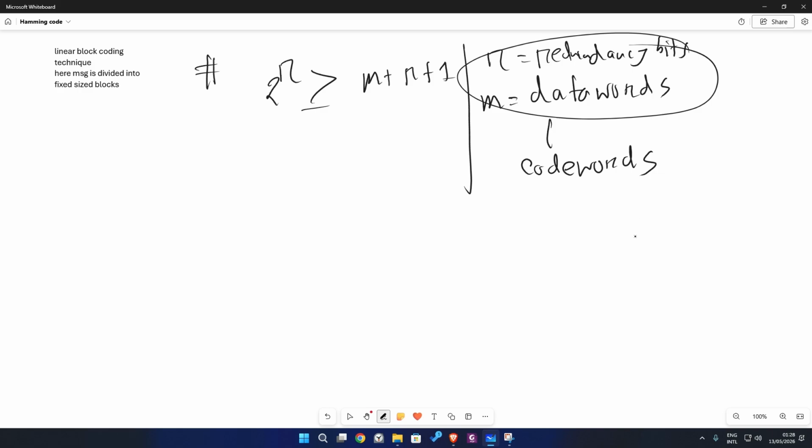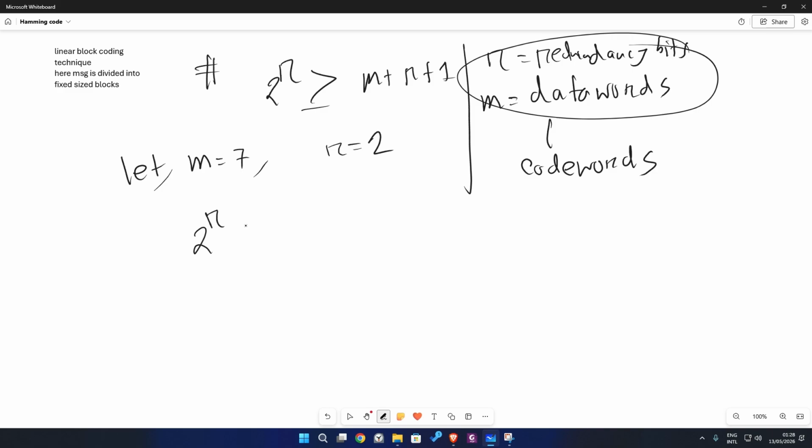So how can we determine how many redundancy bits we need to add for reliable communication? This question can arise, and the answer is this formula. So let m equal 7, so the data word is 7 bits, and r is equal to 2.